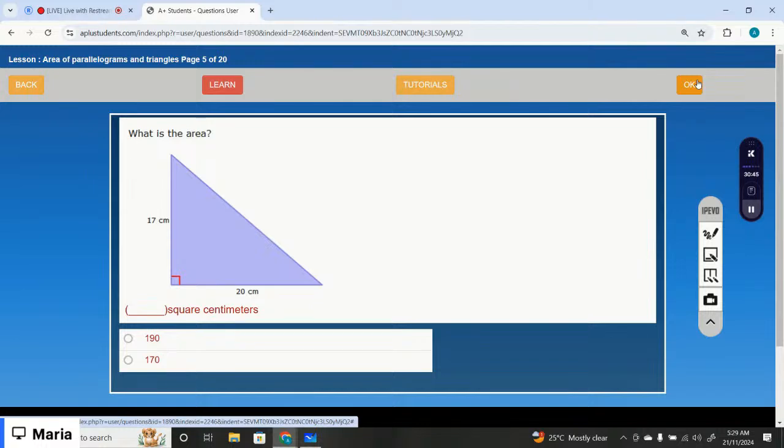Very good. That is 170. Option number 2 is the correct option.